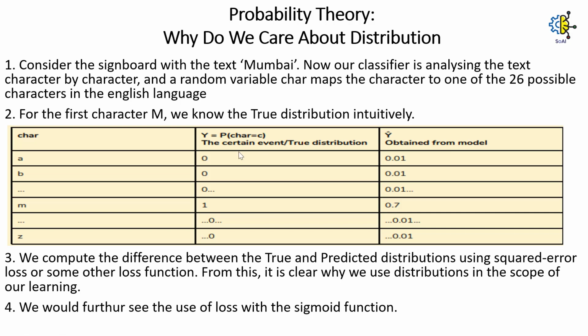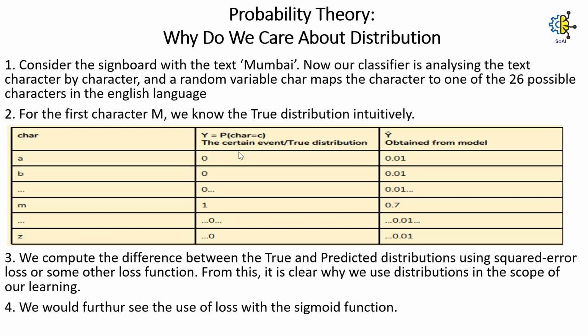Let's talk about the second column, which is the true distribution or the certain event. Here, the probability of character A is 0, the probability of character M is 1, and the probability of character Z is also 0.